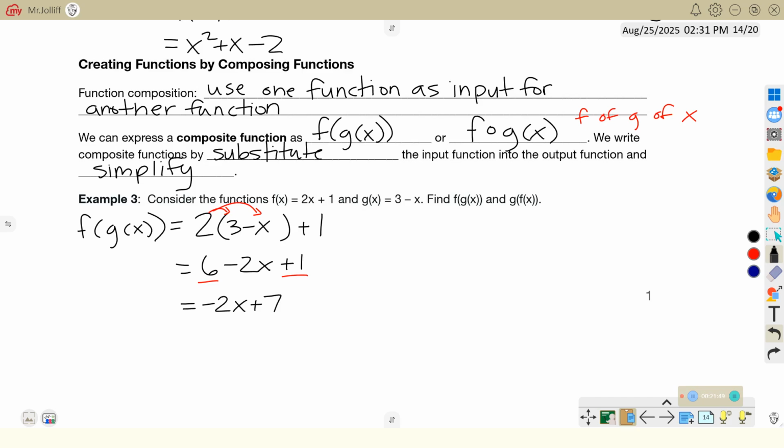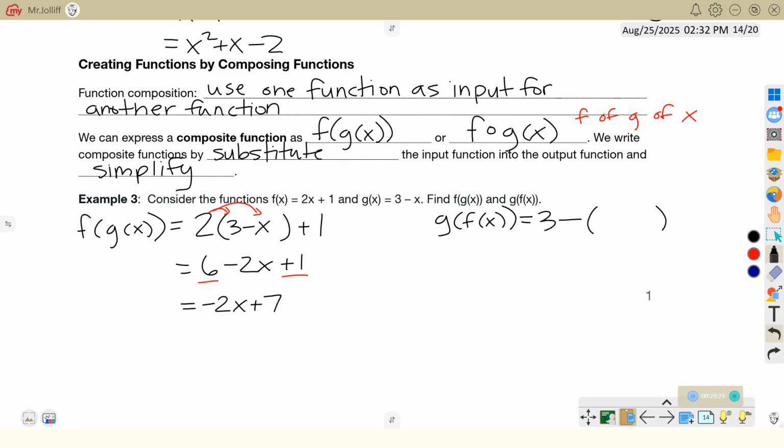The next one says find g of f of x. G is the first function, g is the structure, f is the input. So I'm starting with g. G is 3 minus something. 3 minus x. And the thing that goes in the parentheses is no longer x, it's f of x.